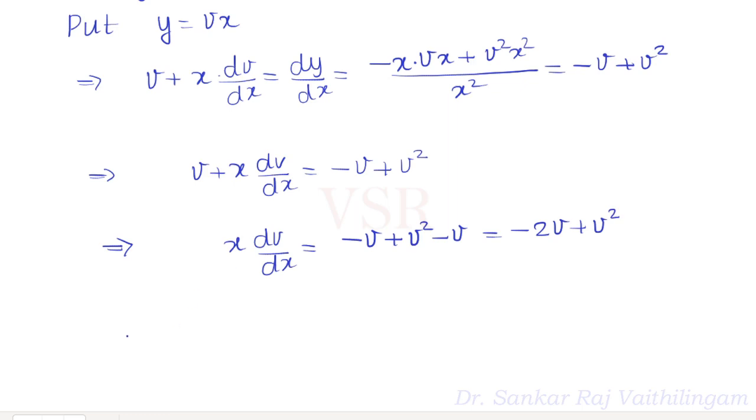So this implies that dv divided by, இது எழுதிக்கலாம், I write this is v square minus 2v, which is equal to dx by x.